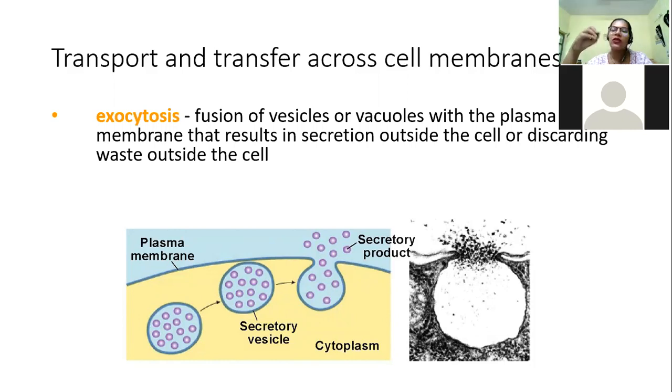From the endoplasmic reticulum it goes to the Golgi apparatus where further modification takes place. Insulin has disulfide bonds, which form in the Golgi, and then in the form of small vesicles filled with insulin molecules, they go and bind to the plasma membrane. This is how exocytosis takes place.